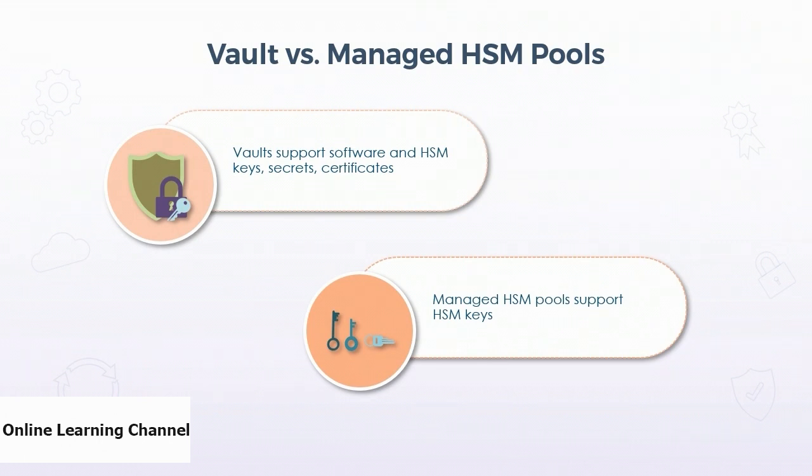If you need more control over the hardware that actually stores your secrets, you want to take the managed HSM role. That way you can manage the hardware behind where all your secrets are going to be stored. If that much compliance isn't needed, you can just use a regular vault and store your software keys, secrets, and certificates there.